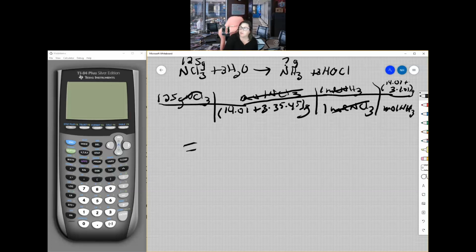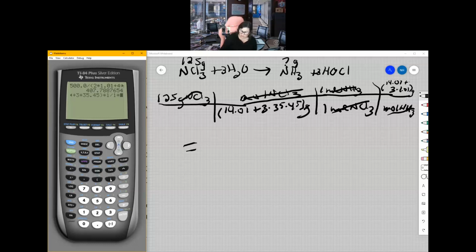Okay, so I've canceled this, and that gives me grams of NH3. Alright, let's see if we can do some calculations with that. 125, divide that by 14.01 plus 3 times 35.45. Because I am that neurotic.